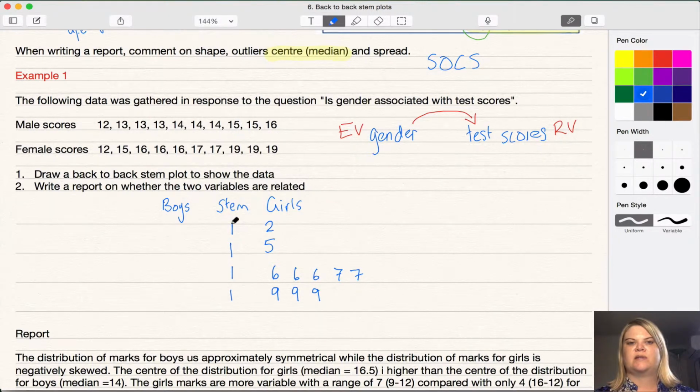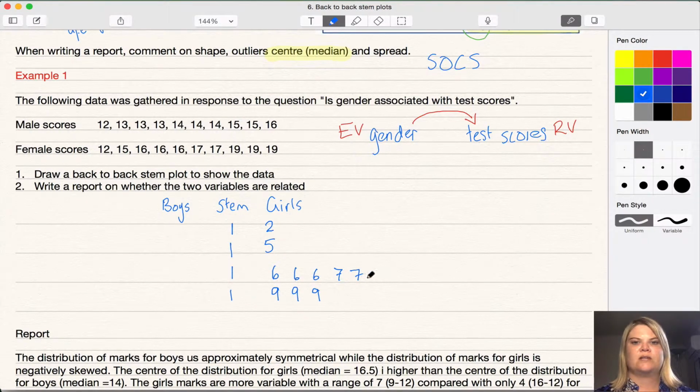So all the stems are going to be the same. In this first stem, because my lowest number is 12, I'm going to have 12 and 13, if I had any 13s for the females. In the second one, I'll have 14, 15. I don't have any 14s, so I only got the 15 there.